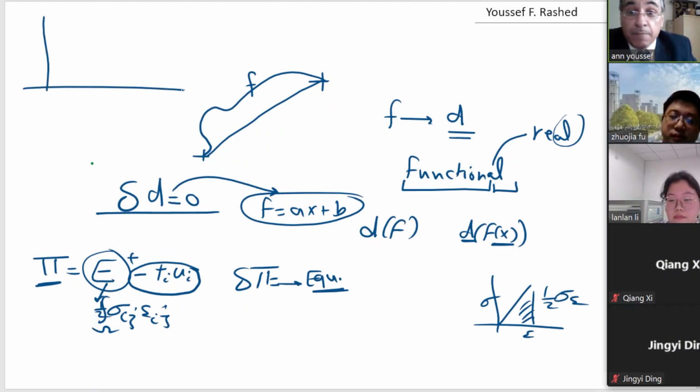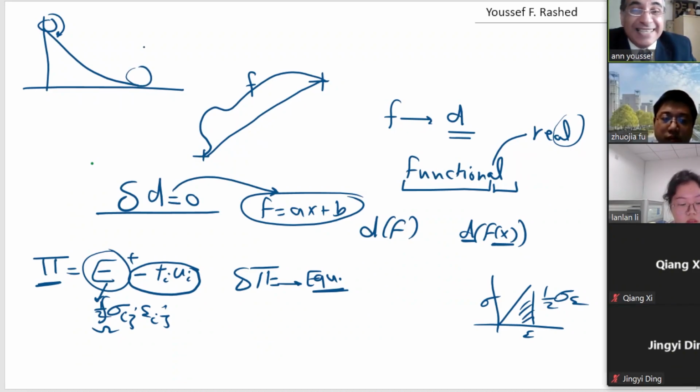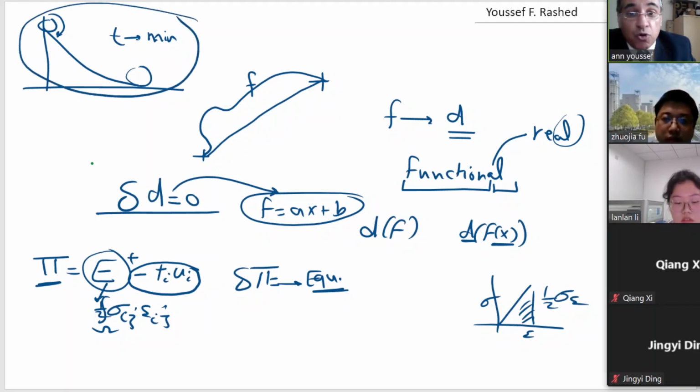They were asking for a curve such that when we place a ball here and it rolls, it reaches the bottom using minimum time. The curve was found to be a cycloid. This was the original problem that started the calculus of variations.